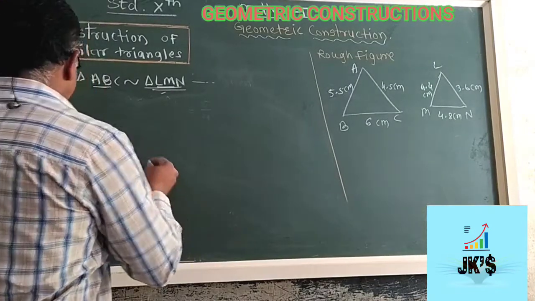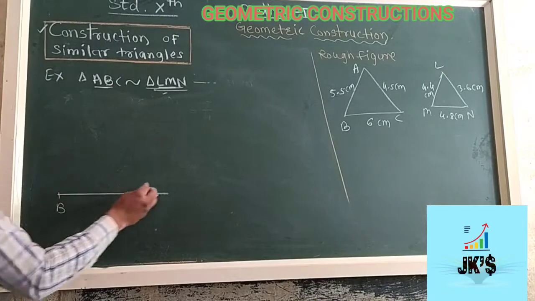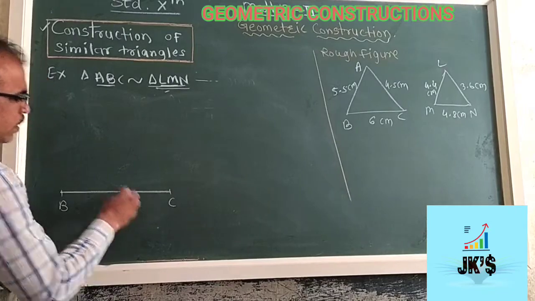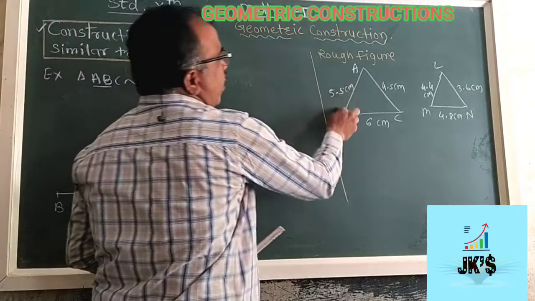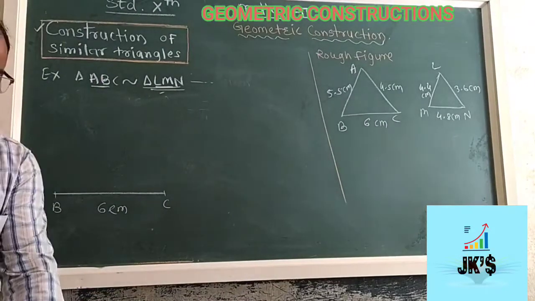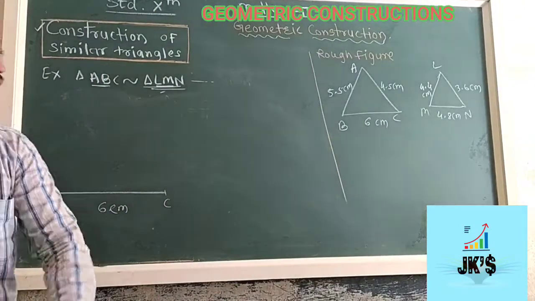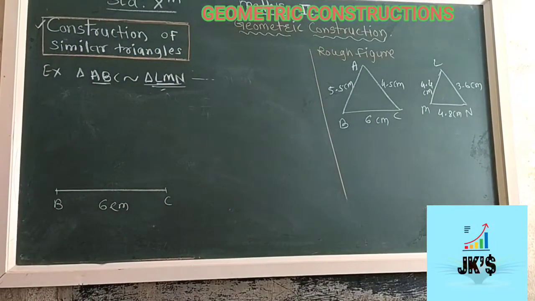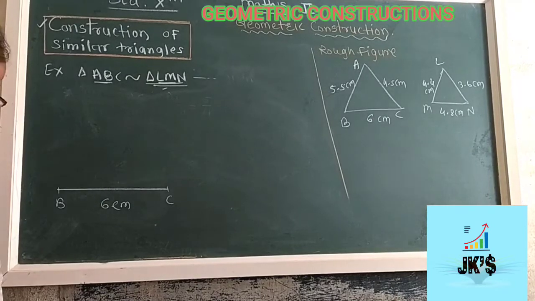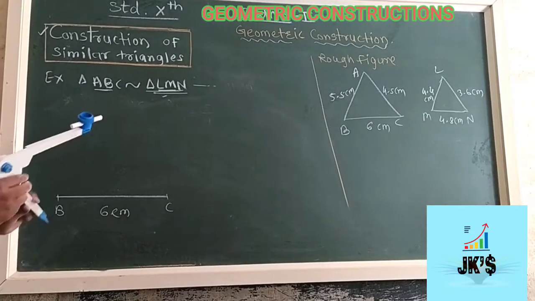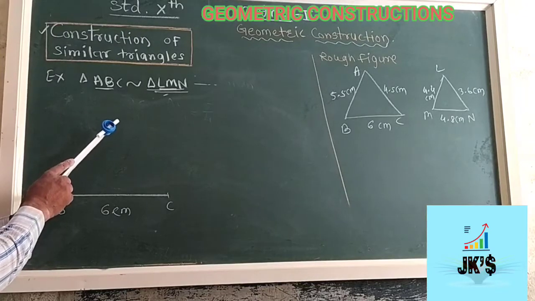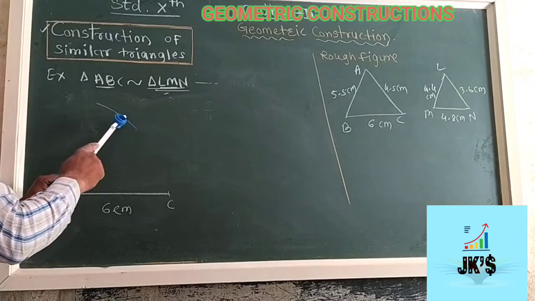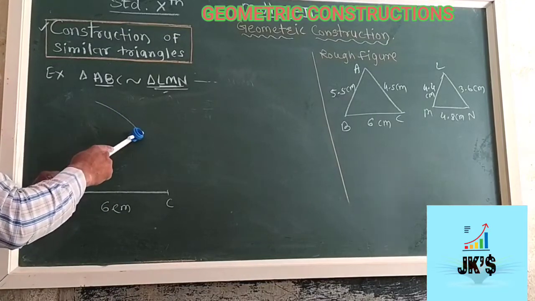Now, the distance of A from B is 5.5 centimeter, so in the compass we take the distance 5.5. From B, make an arc at 5.5 centimeter.